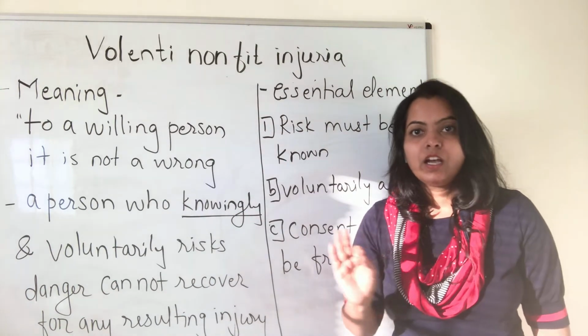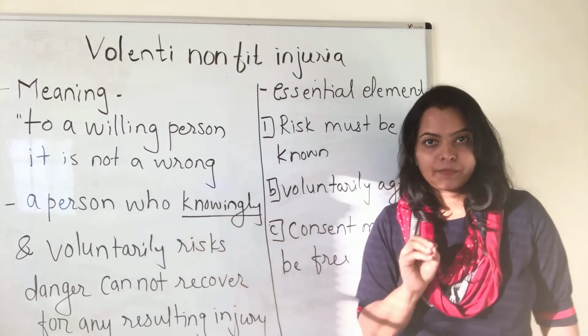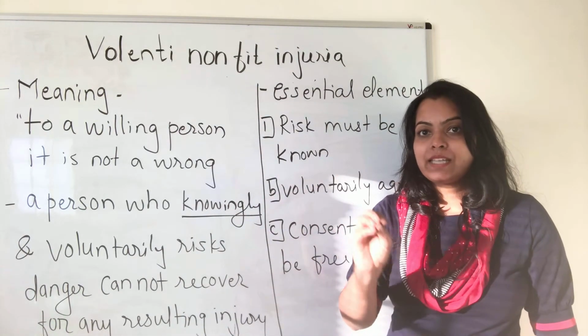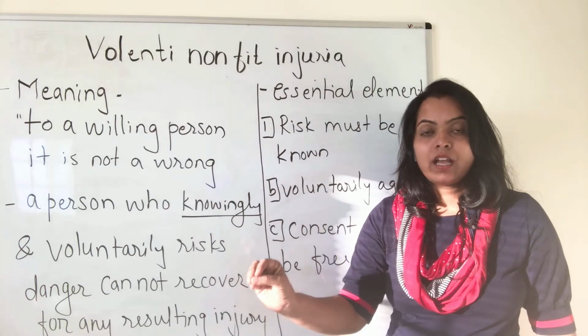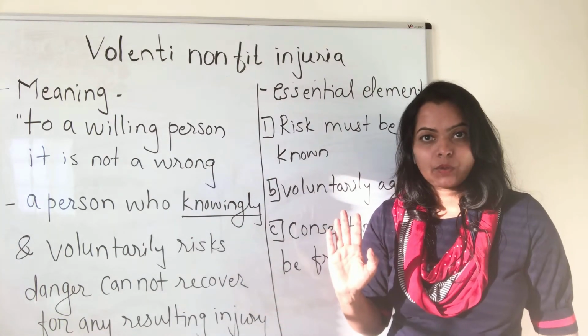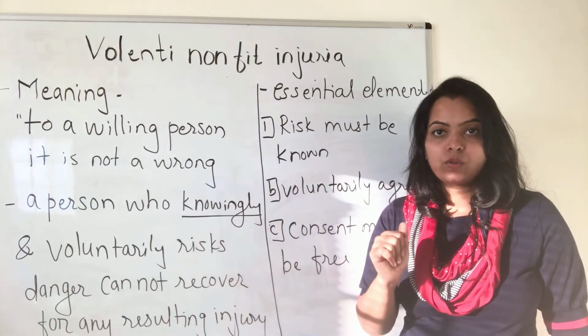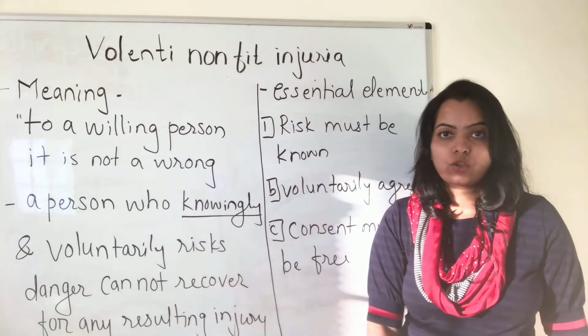Example, you are entering a house and at the entrance a board is written, please enter at your risk and beware of dogs. Still you try to enter that house and a dog comes out and attacks you.